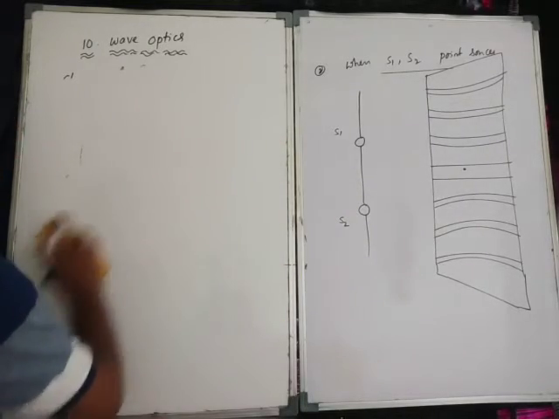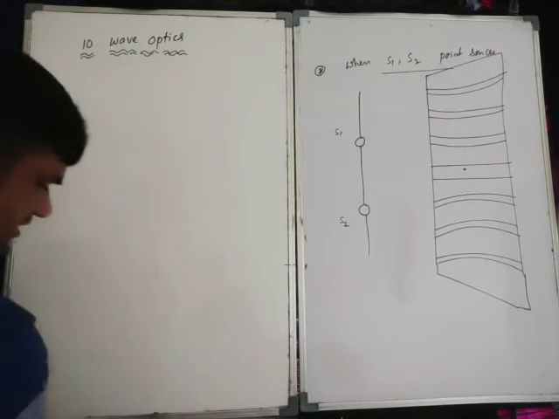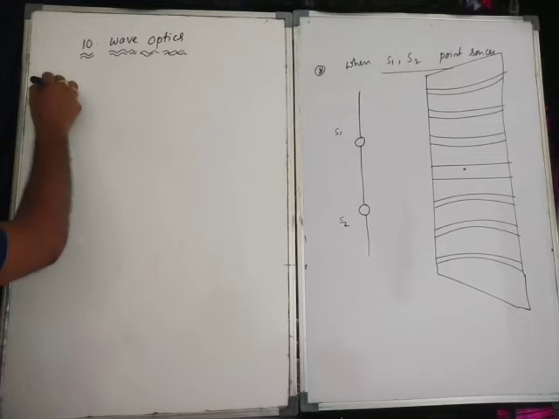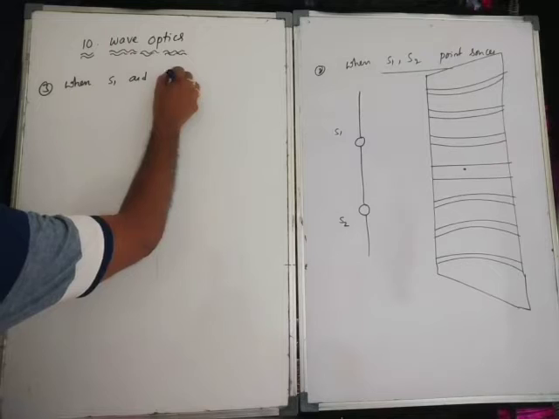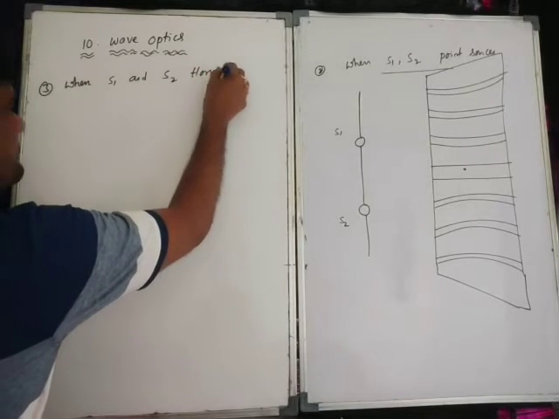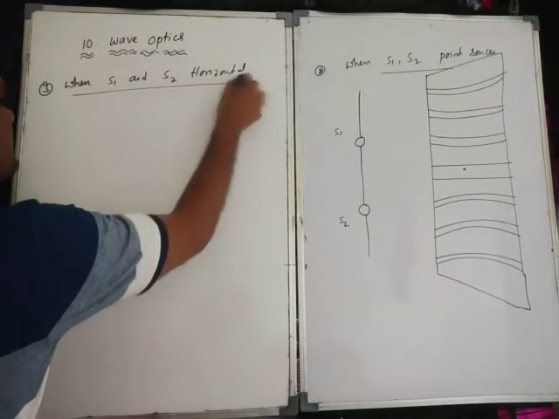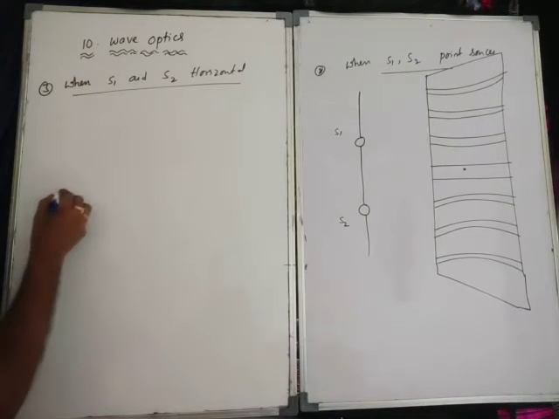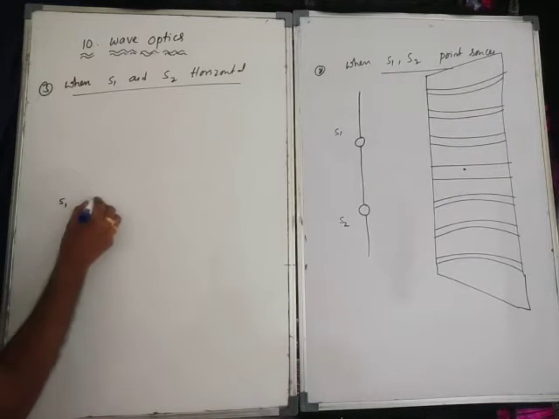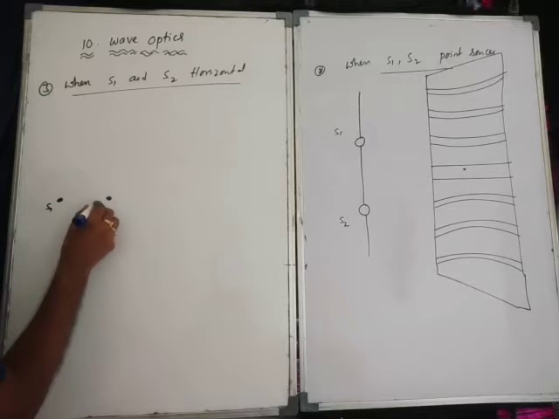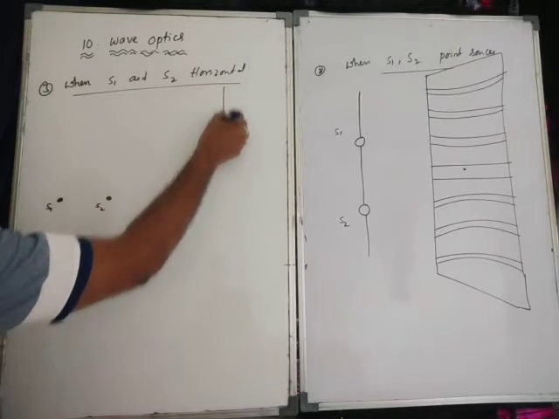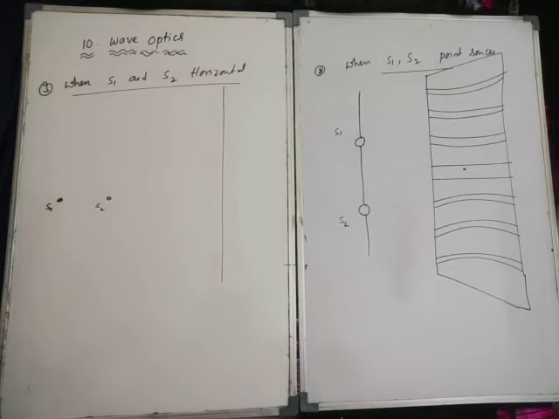When S1 and S2 are horizontal, so this is the S1 slit and this is the S2 slit, the screen will be there.